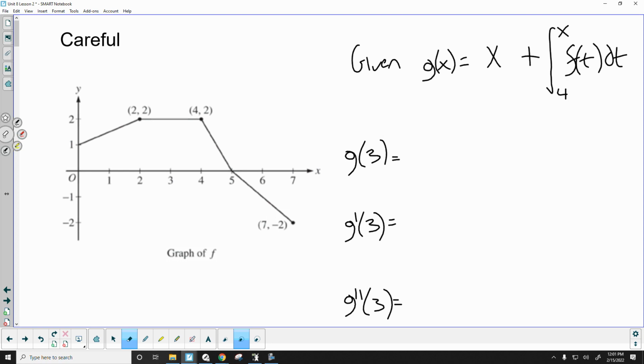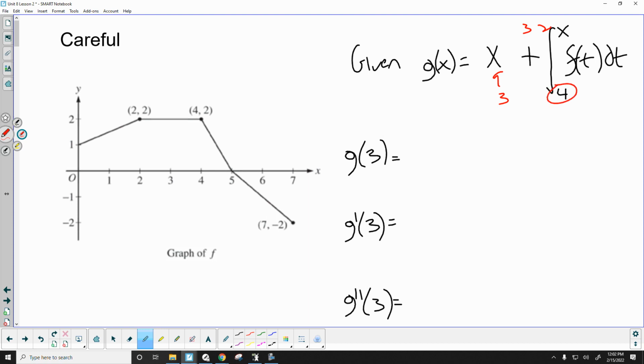Now, this is where it's very important to look at what you start with. Say, okay, G of 3. I'm replacing x with 3, so a 3 goes here and a 3 goes here. Pay attention. All of a sudden, I'm starting at 4 now.